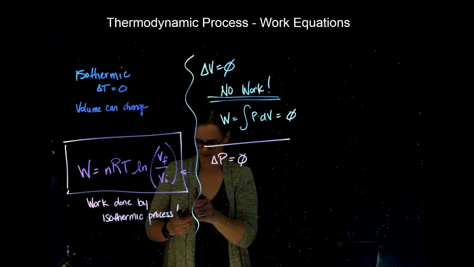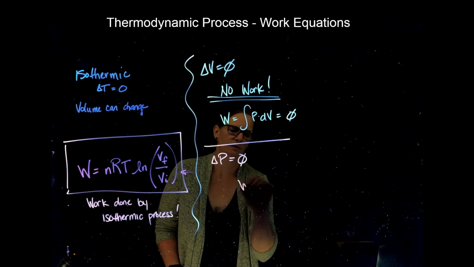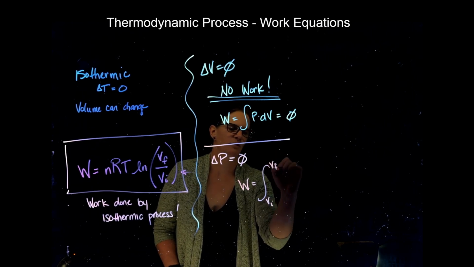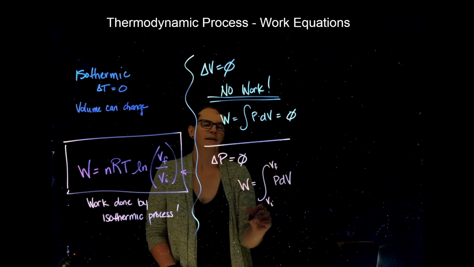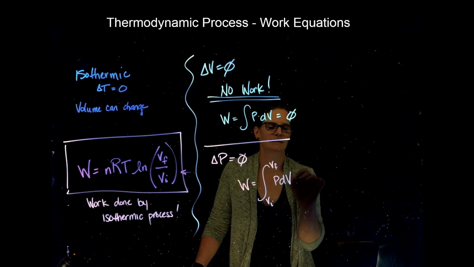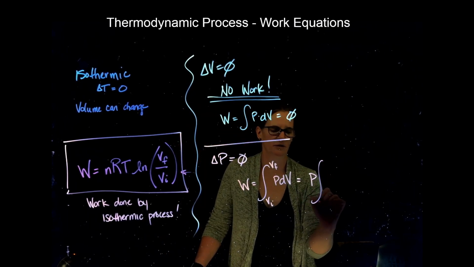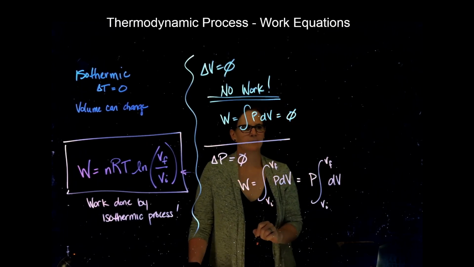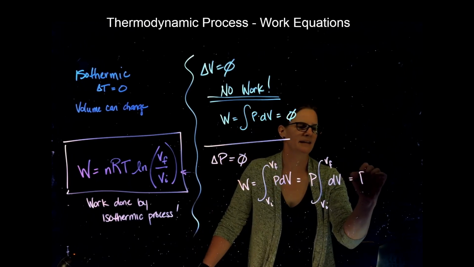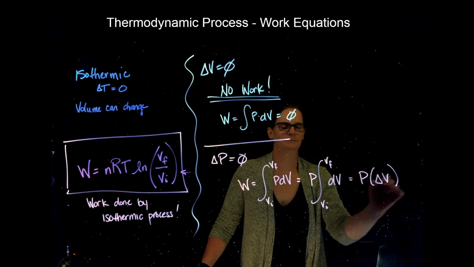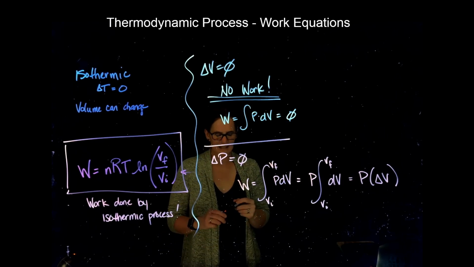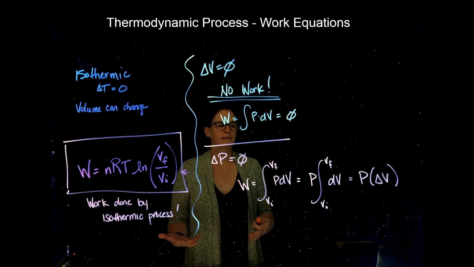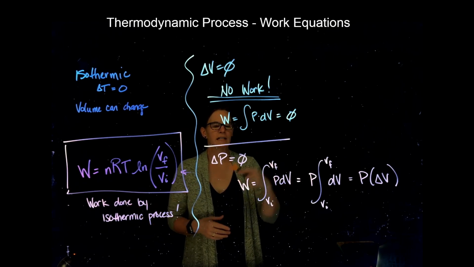If the work is equal to the integral from the initial volume to the final volume of P dV, and pressure is constant, that means it's P times the integral from V initial to V final of dV, and that's just P times the change in volume. So the work done in an isobaric process, with no change in pressure, is P ΔV.